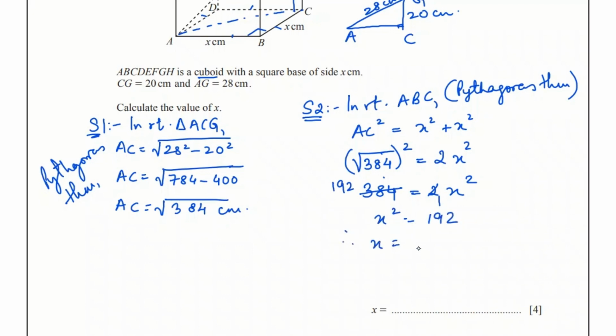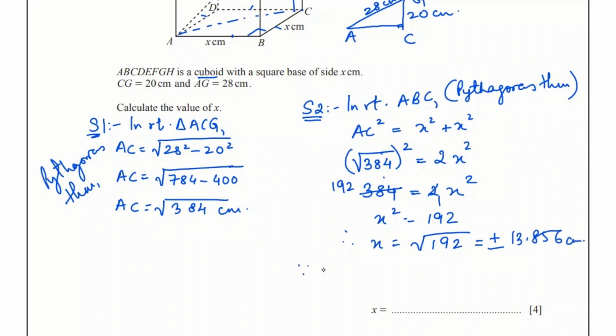Therefore, x will be plus or minus under root 192, which comes out to 13.856 centimeters.